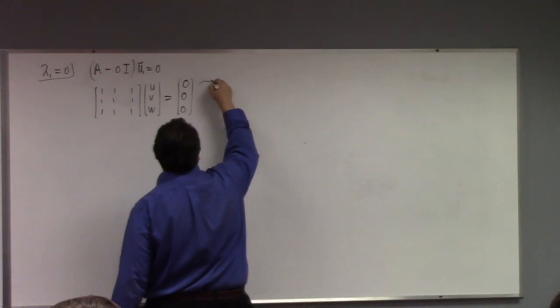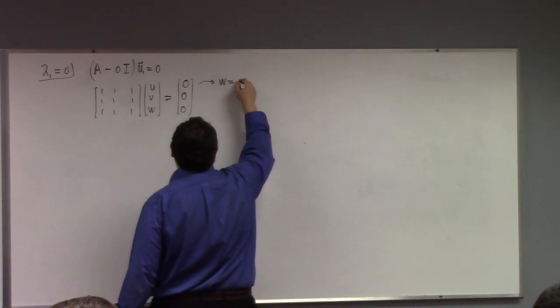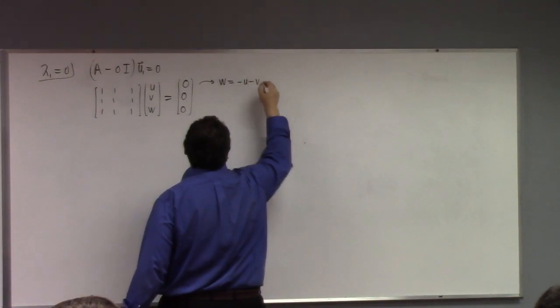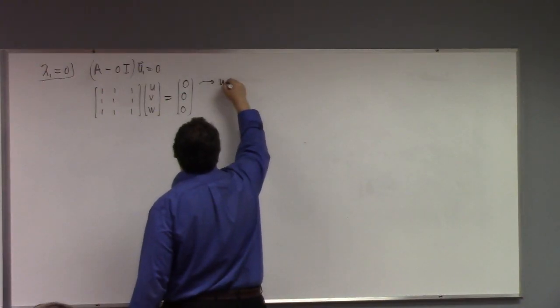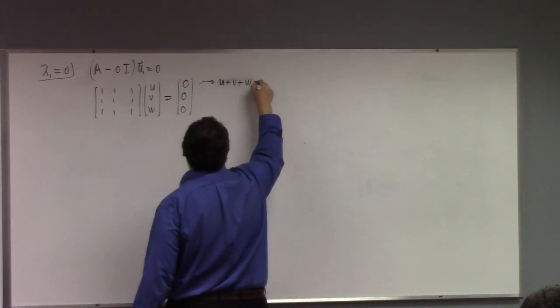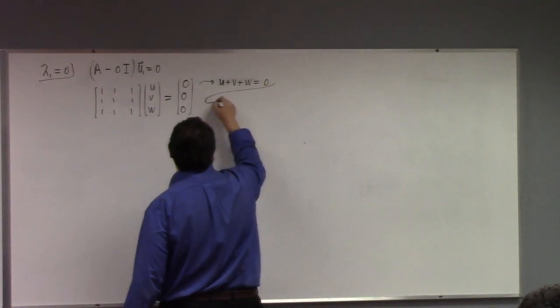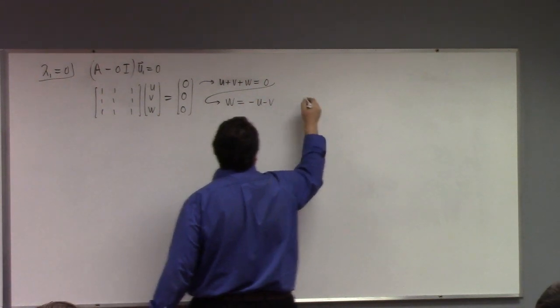So this tells me, okay, so apparently w is equal to minus u minus v, right? Fine, I'll do one more step here. u plus v plus w equals 0, right? And from that, I can get to w is minus u minus v, all right?